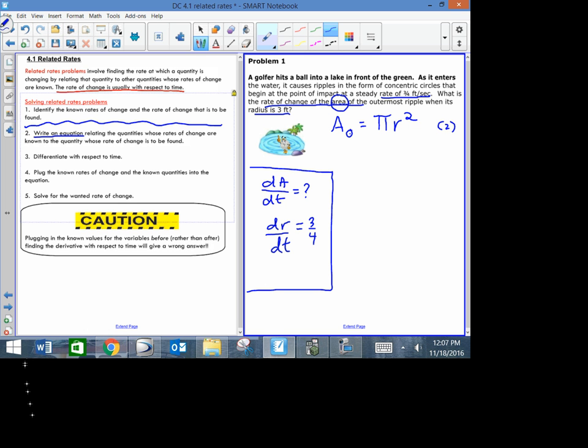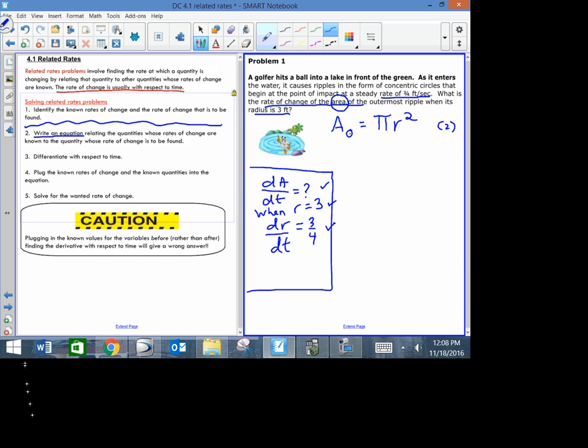At this moment, and remember, our derivative is an instantaneous rate. Remember the balloon. r equals 3. Okay, so we know this. We're looking for this at that moment.